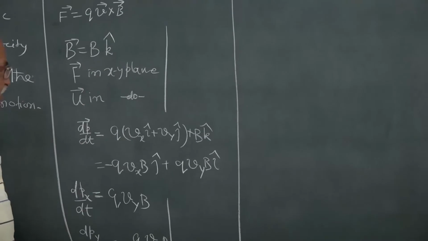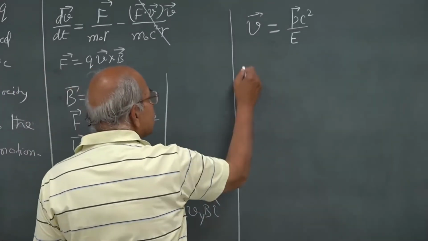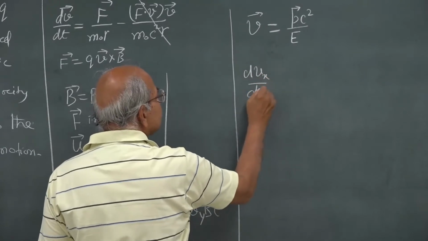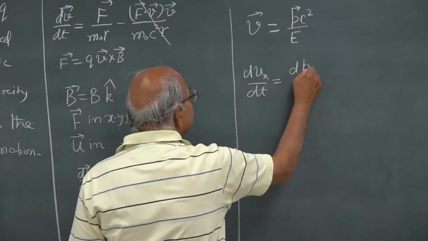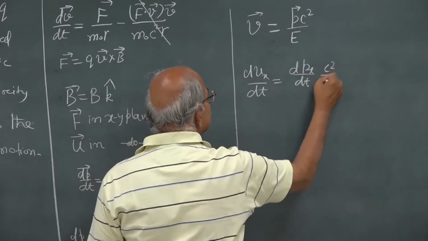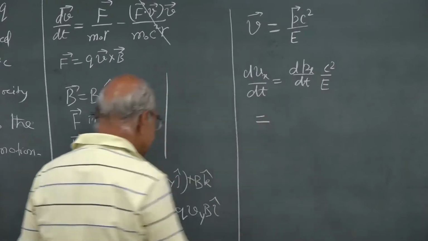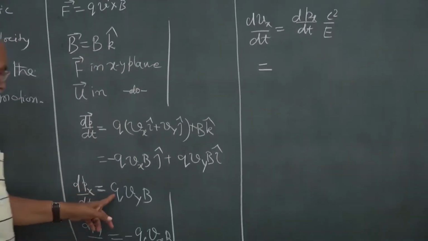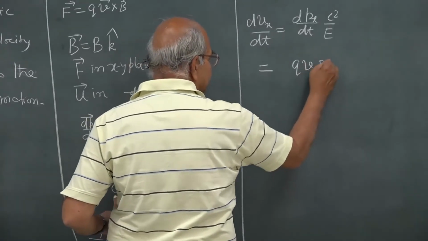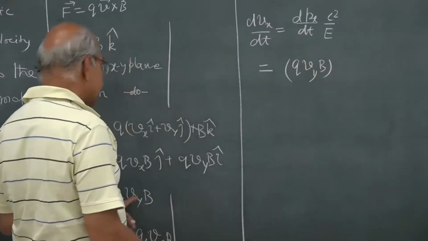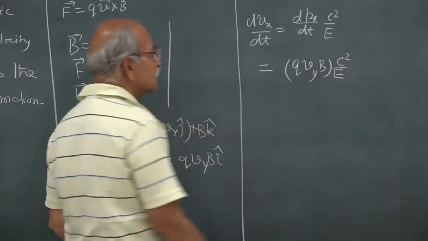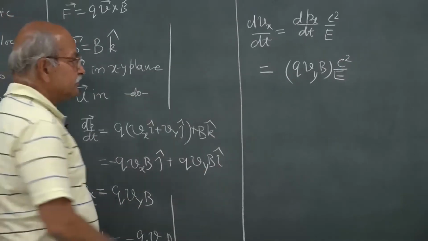So, using this, dVx dt is equal to dPx dt times c square by E, and dPx dt I know, it is q times Vy times B, and that into c square by E. So, that is dVx dt.